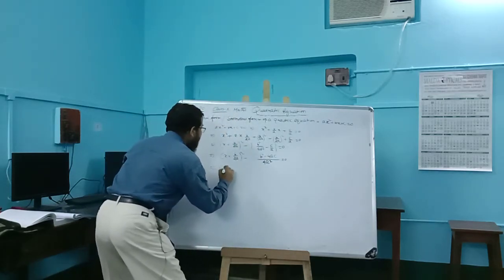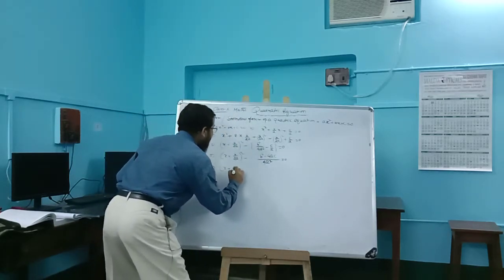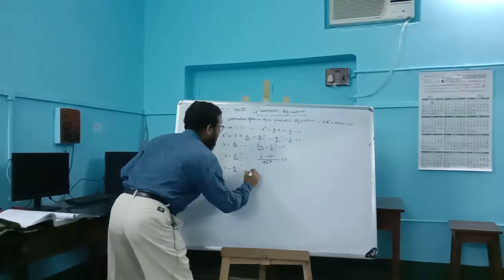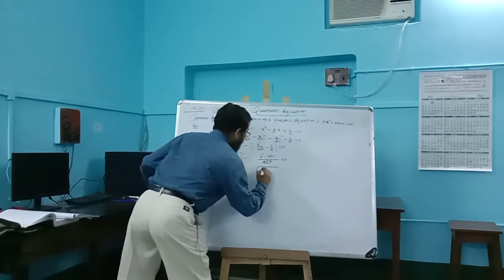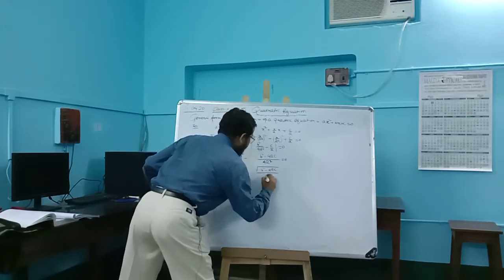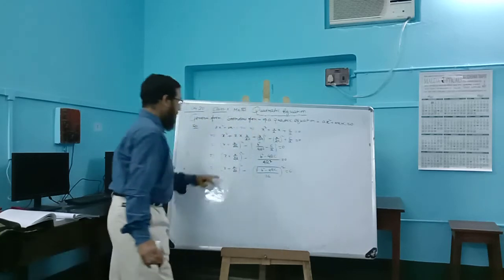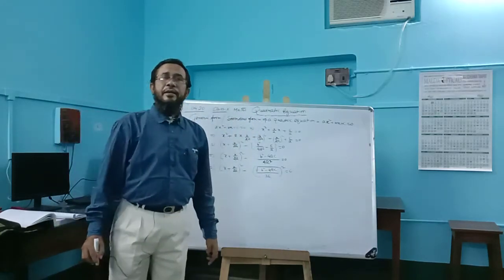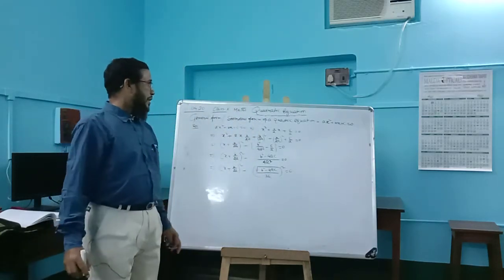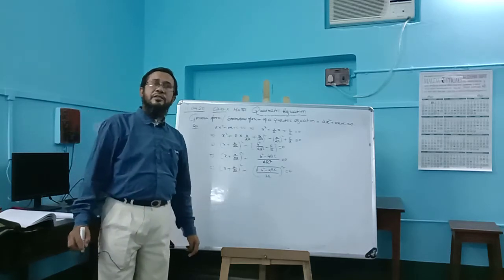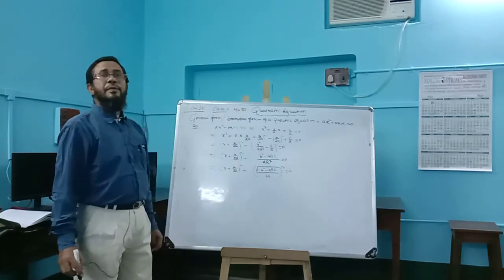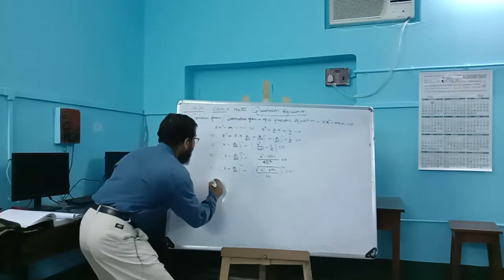This implies x plus b by 2a whole square minus root over b square minus 4ac by twice a whole square. Now it is reduced in the form a square minus b square, and we can factorize this by the formula a plus b into a minus b.